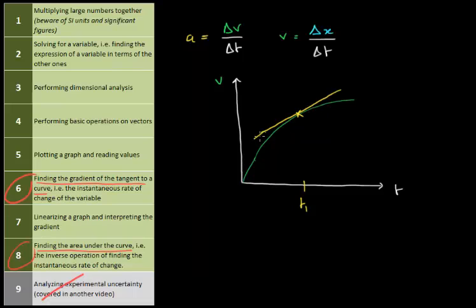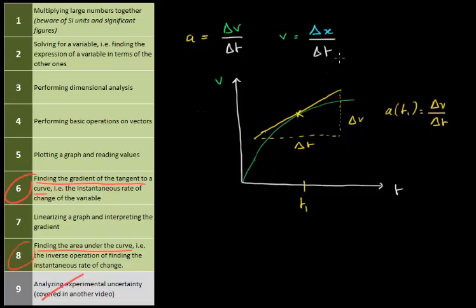And the gradient of this tangent tells me how steep my curve is at that point. So if I do the rise over run, the delta V versus delta T of this tangent, I find the acceleration at T1. Acceleration at T1 is this delta V over delta T that I just drew here.